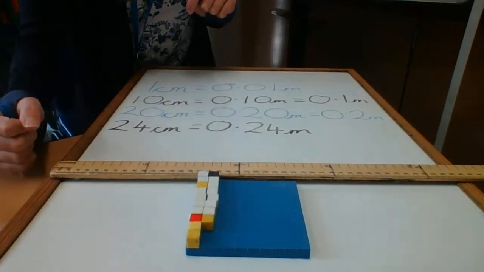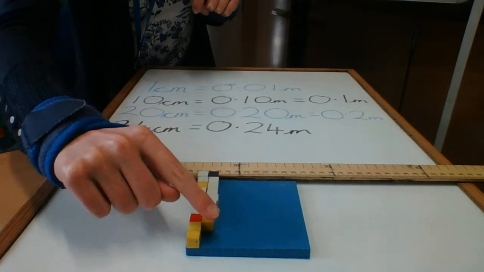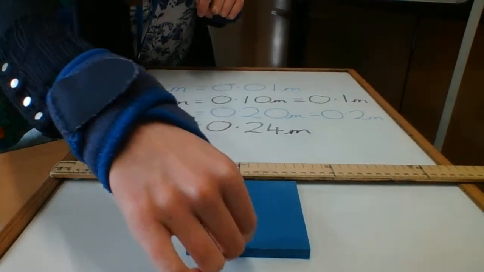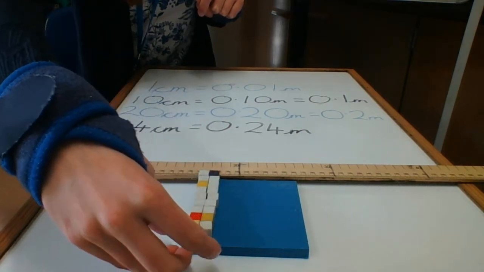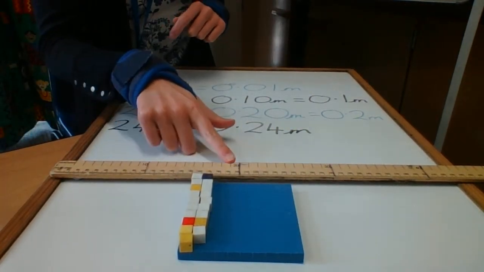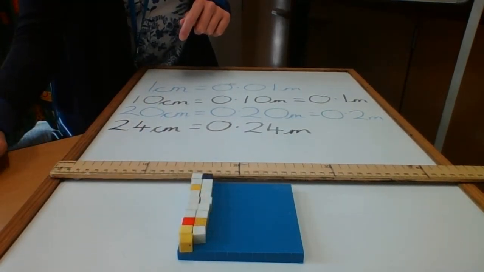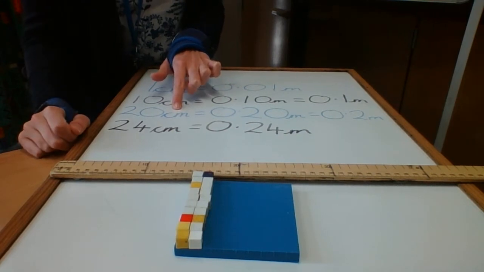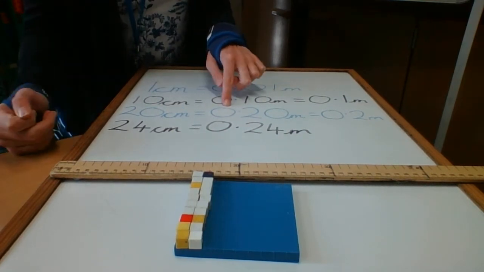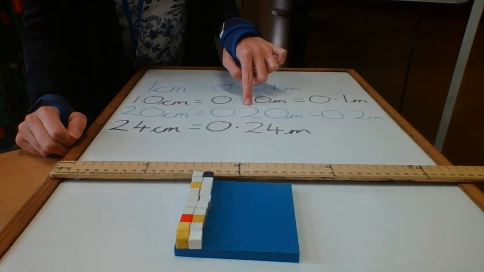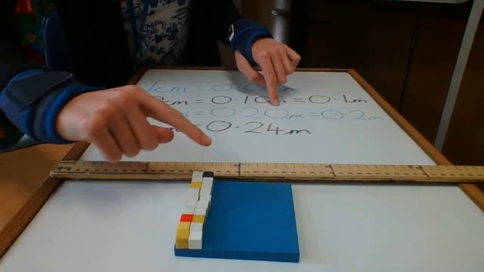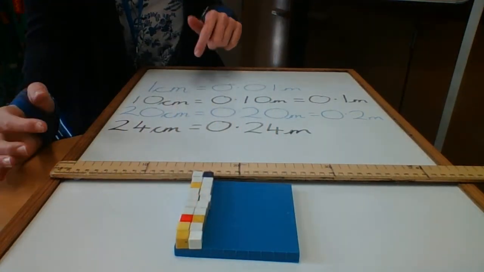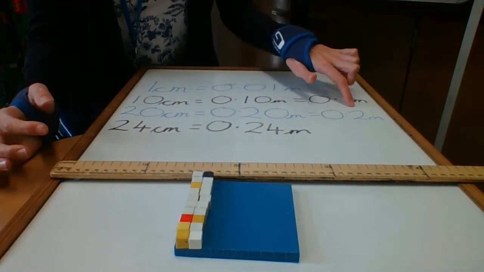18 centimetres is the same as 0.18 metres. 19 centimetres is the same as 0.19 metres. And 20 centimetres is the same as, because we still haven't got any whole metres, 0.20. I've got 2 tenths now and no extra hundredths, which is the same as 0.2.